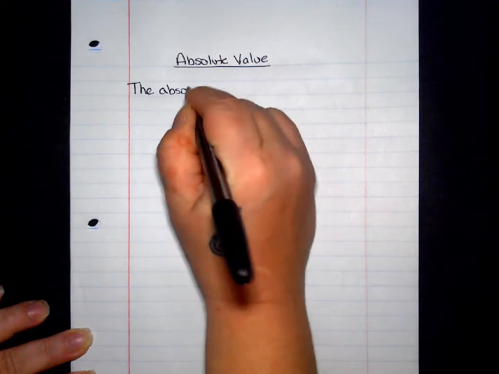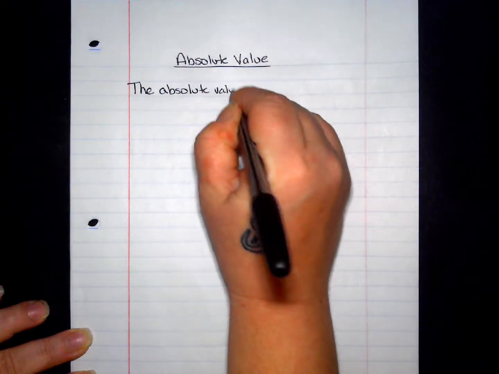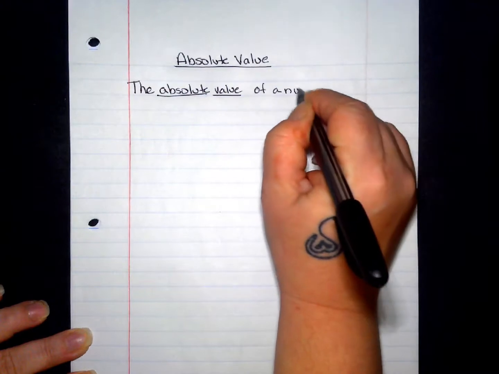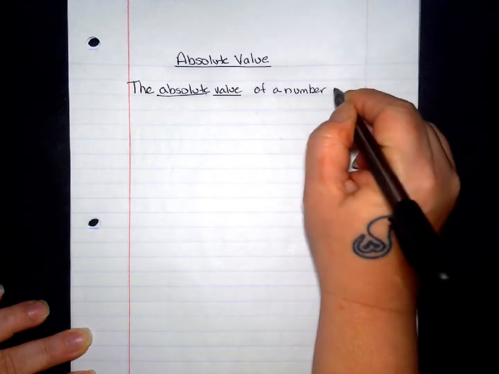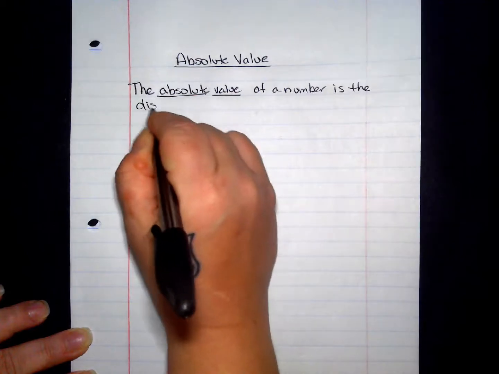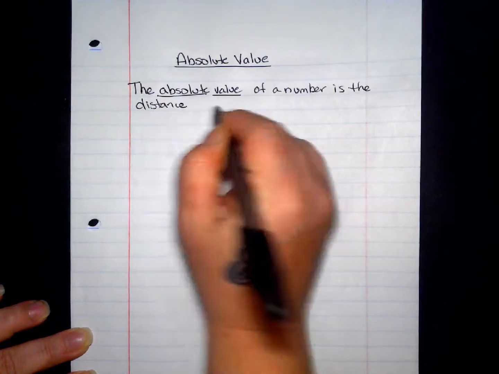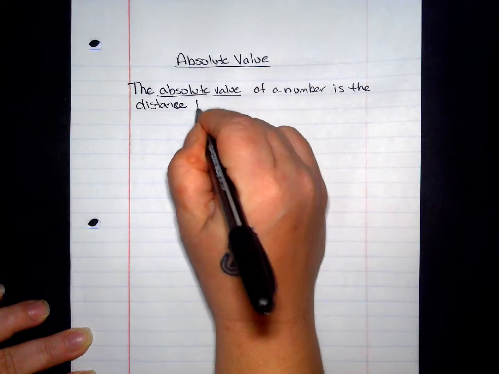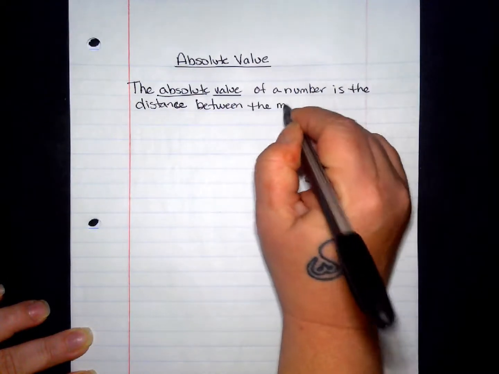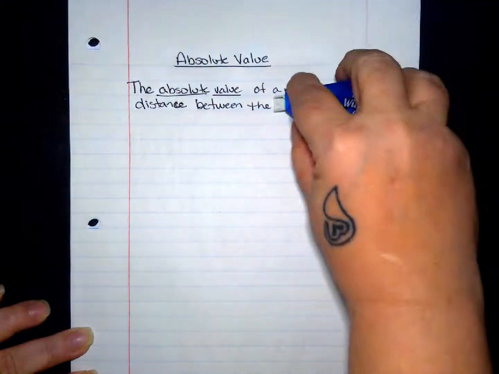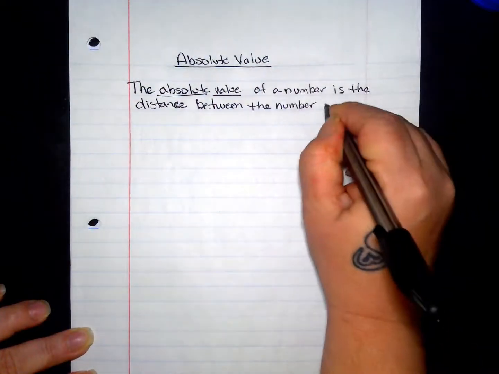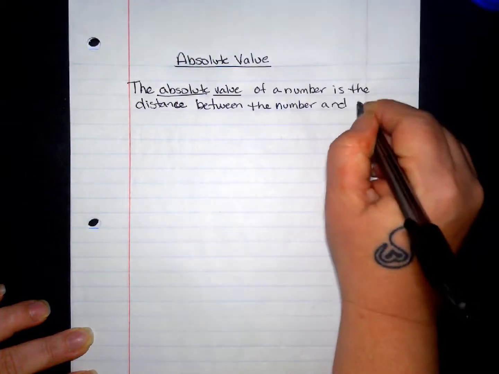The absolute value of a number is the distance between the number and 0.